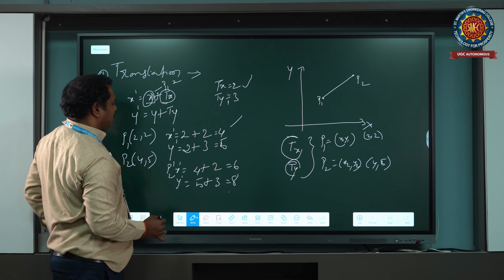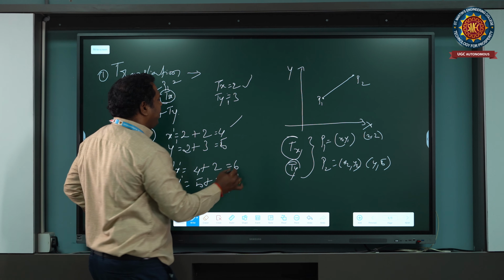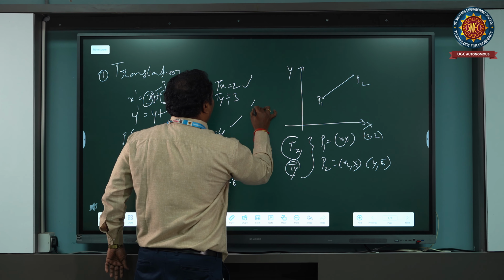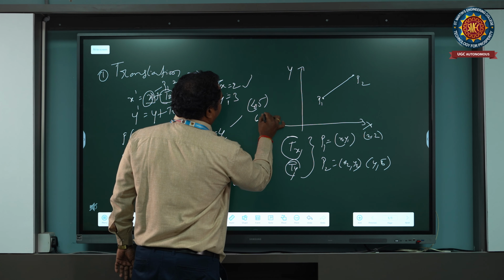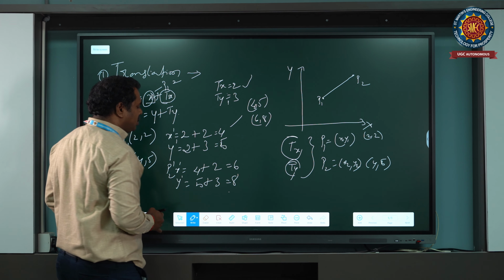Then the new points we find are 4, 5 and 6, 8.